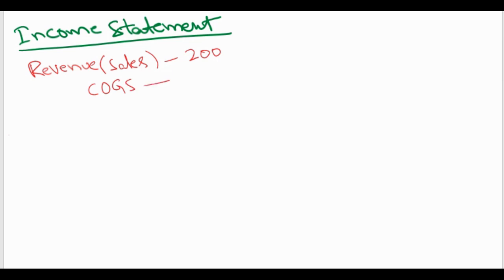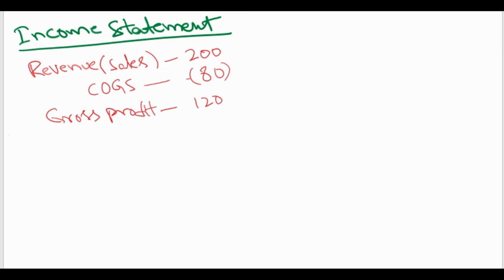Let's say this is 80 million. So now from this you will know gross profit. What is the gross profit now? 120 million, because you will do minus the cost of goods sold. So you will get gross profit.